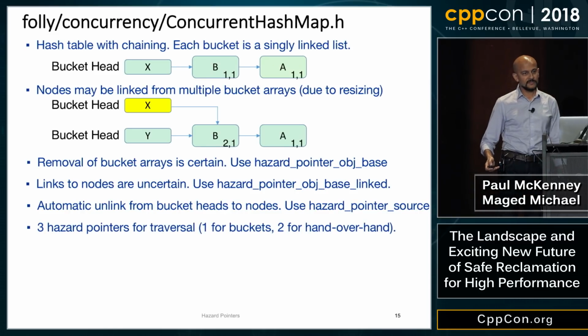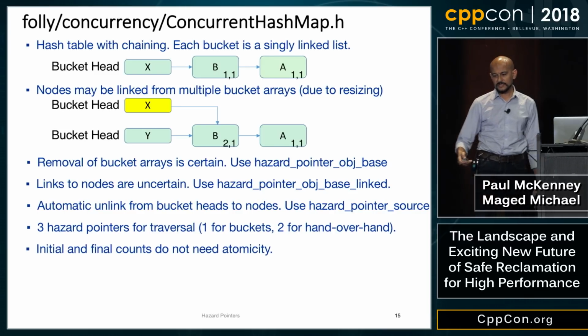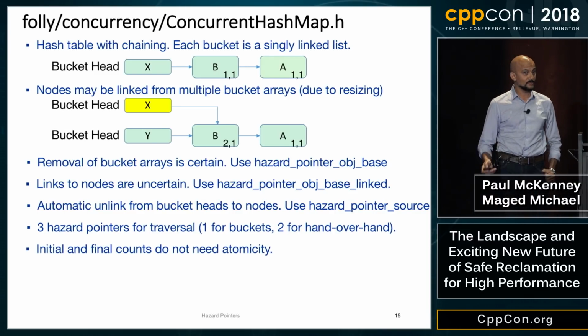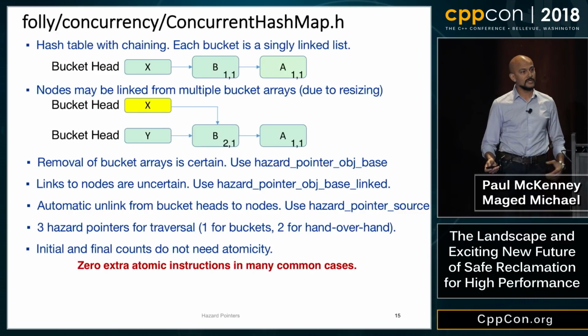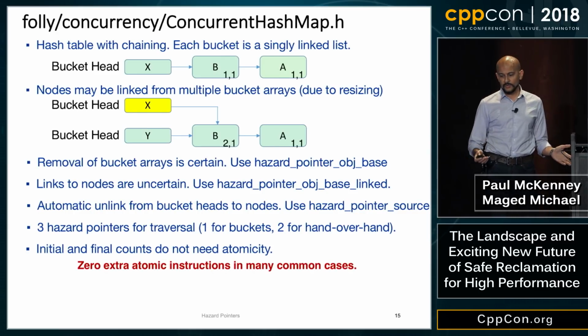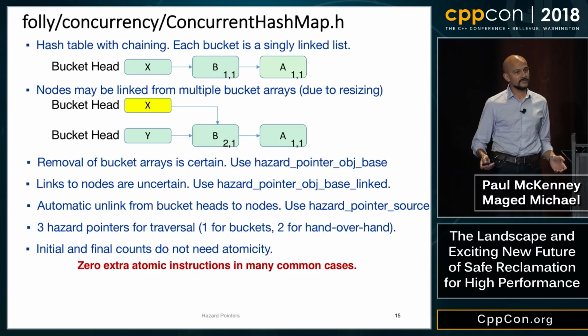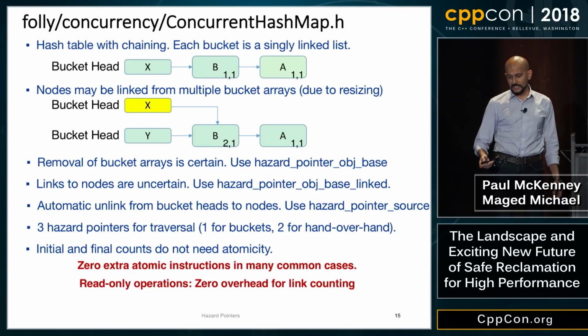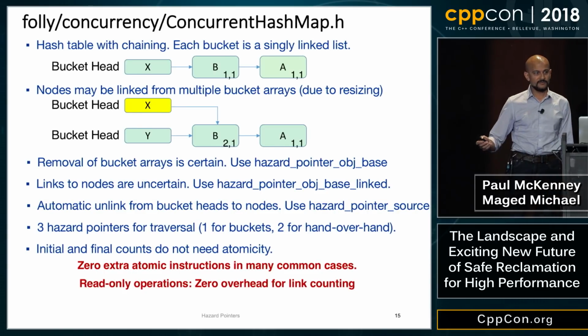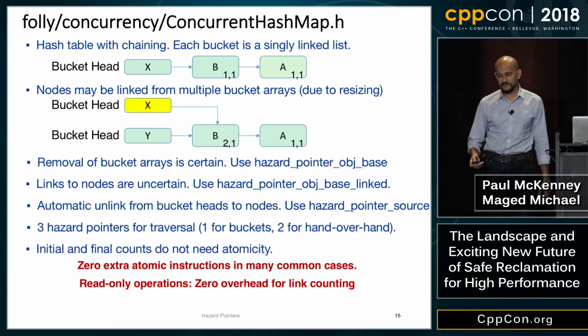For traversal, we use 3 hazard pointers, and the initial and final counts don't need atomicity. So in a common case, we could end up doing 0 atomic instructions for link counting, and read-only operations have 0 overhead for link counting.